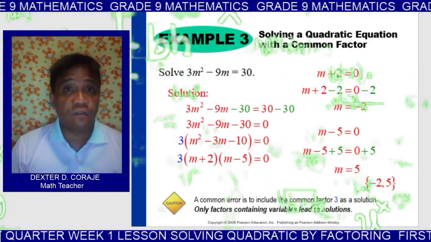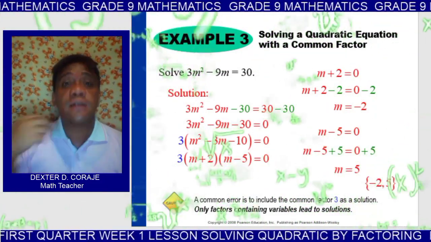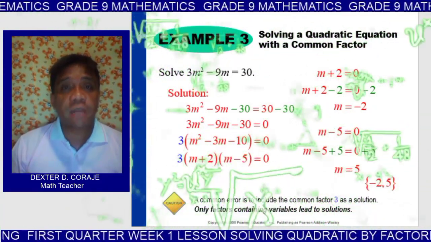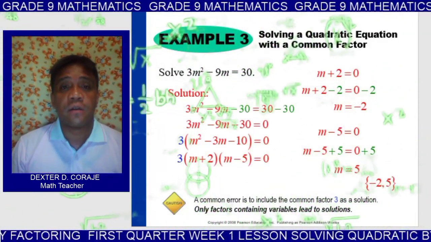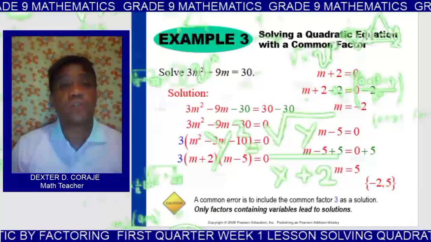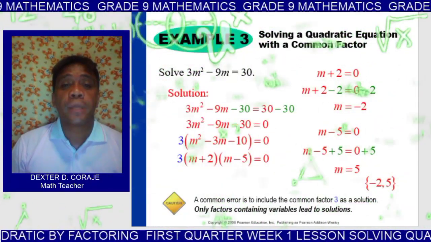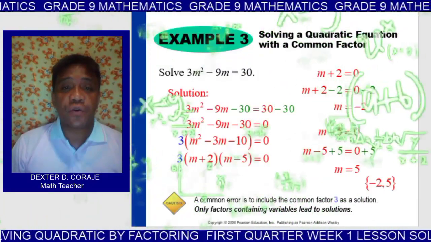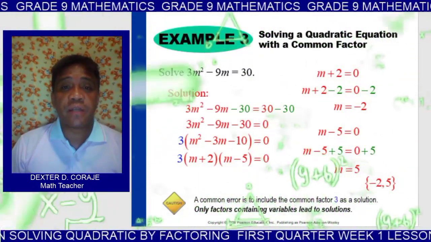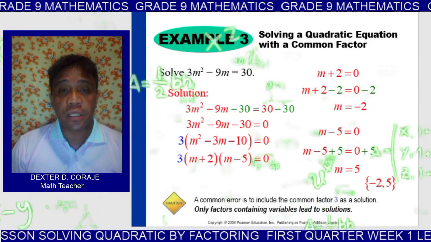So we are looking for a certain value of that letter. What I mean is the letter represents the certain variable that we have. Okay, we have here example number 3. Solve 3m squared minus 9m is equal to 30.